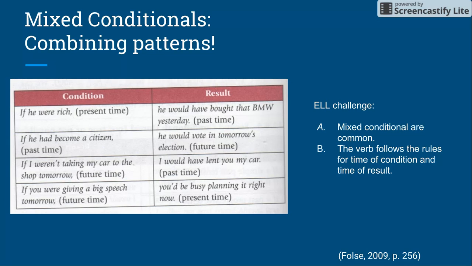Note the second ELL challenge here. The verb follows the rules for a time of condition and time of result. So if you look at the condition in the first example here, the condition could be in the present, and the result could have been in the past. If he were rich, he would have bought that BMW yesterday.